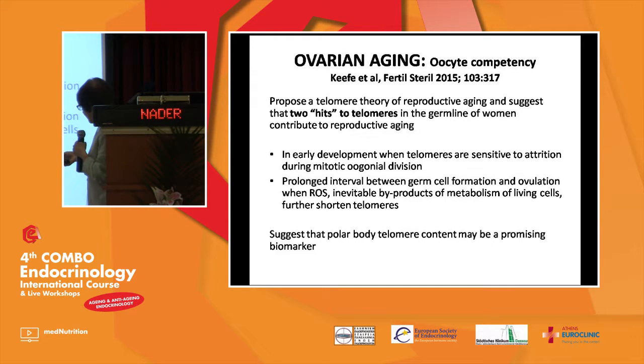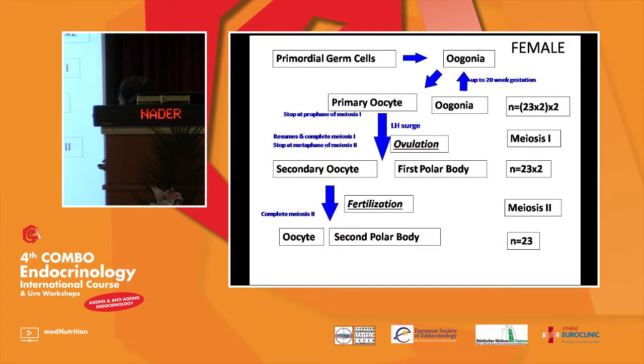And again, I want to go back to a slide that I have shown you previously, that the more mitosis you have in this process, the more likely you are to have the telomere attrition.